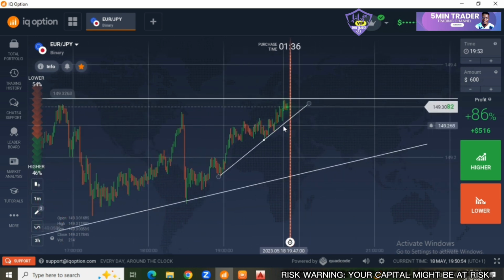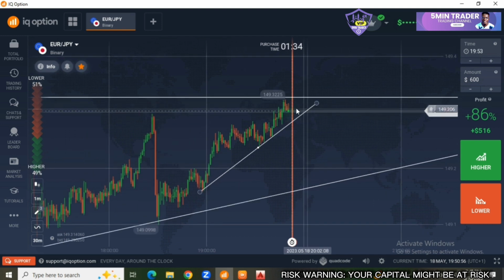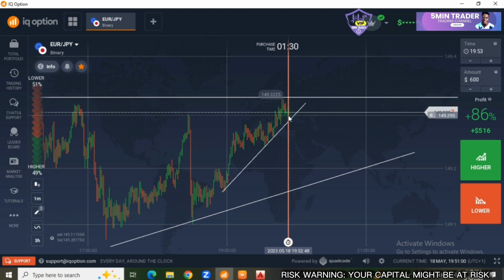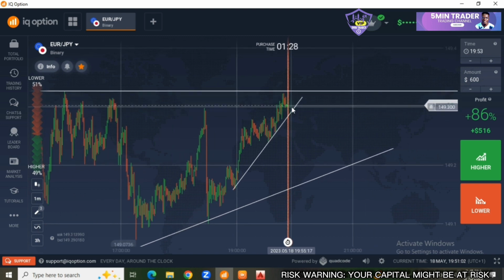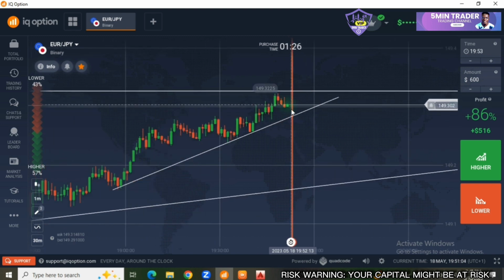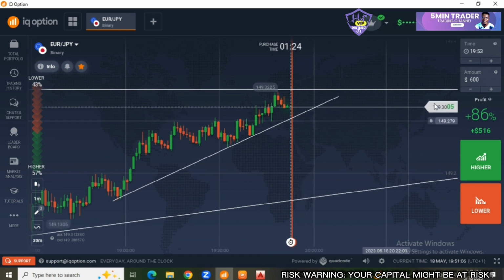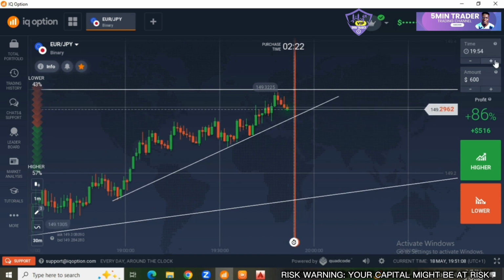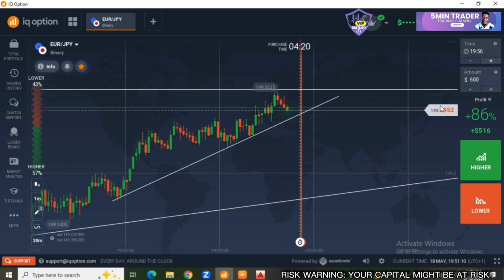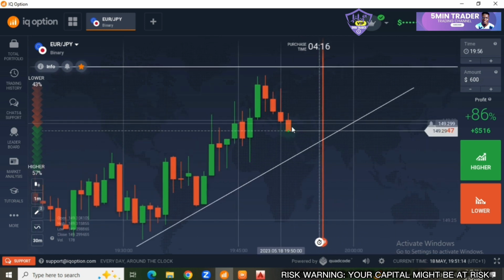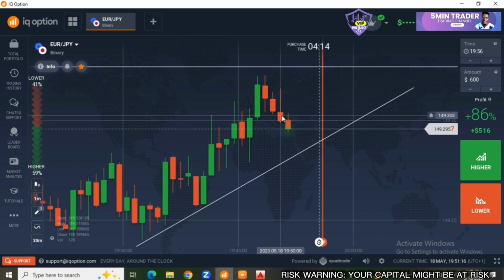Now if we can have some proper weaknesses around this extreme level and we have a breakout from this trend line, we are definitely going to enter a trade for 5 minutes. So that is going to be our entry. We need to have proper weaknesses, which are coming from the buyers.